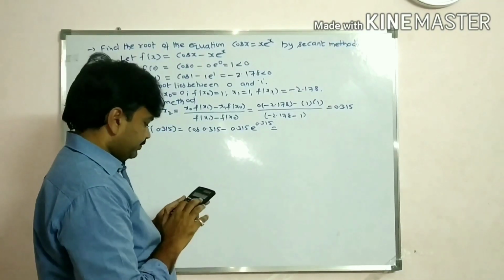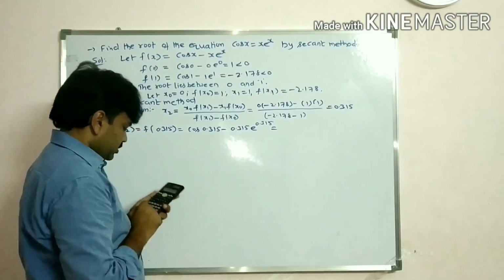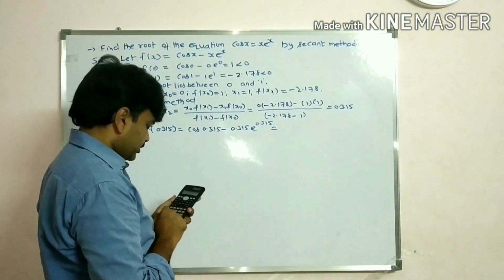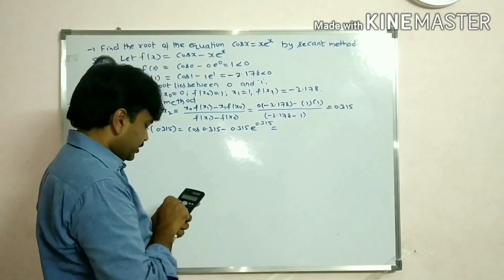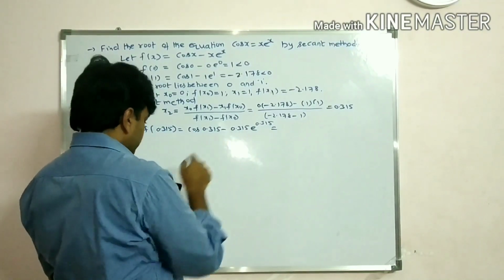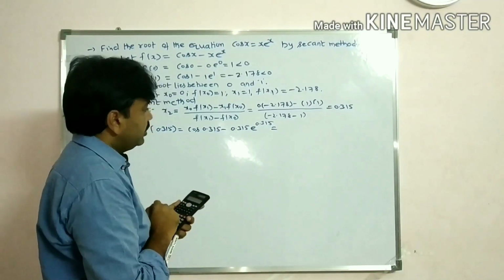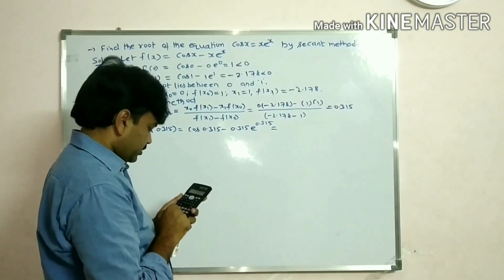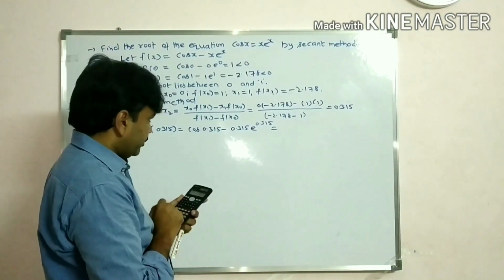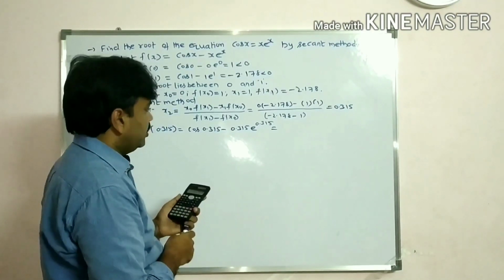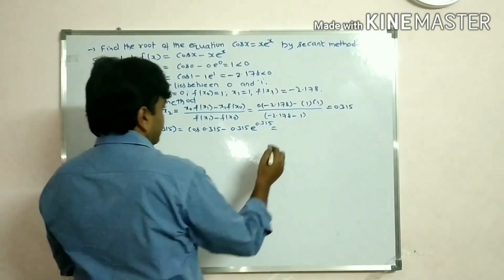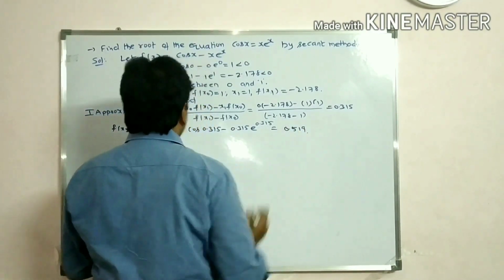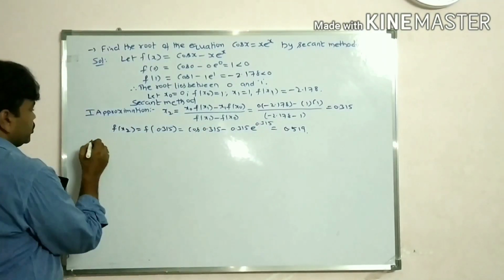So cos 0.315 minus 0.315 is, students, shift ln, so 0.315, that is equal to, we get here 0.519.